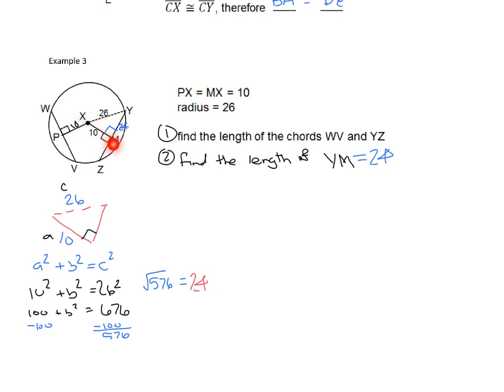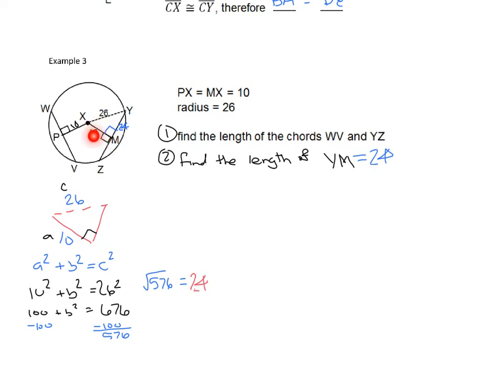Now, I have already mentioned that XM is not technically a radius. But if we were to continue that line and make XM go all the way to the circumference, because it goes through the center, it would be considered a radius.